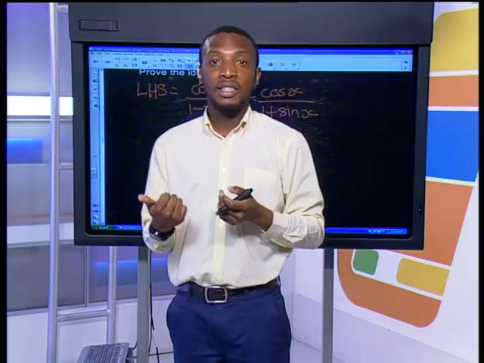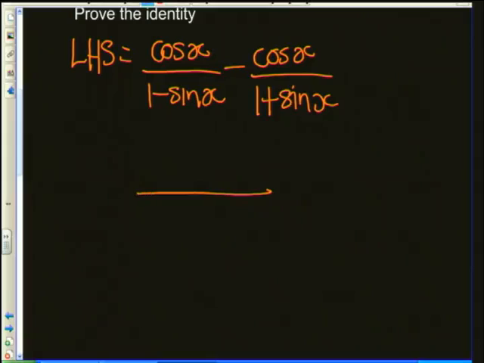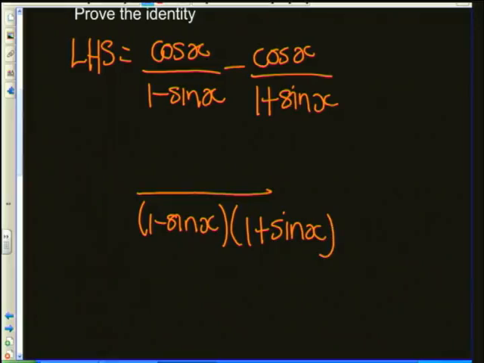We find an LCD. So my LCD is going to be 1 minus sine x multiplied by 1 plus sine x. Right? So this means I need to multiply that numerator by 1 plus sine x, as you would add or subtract fractions.